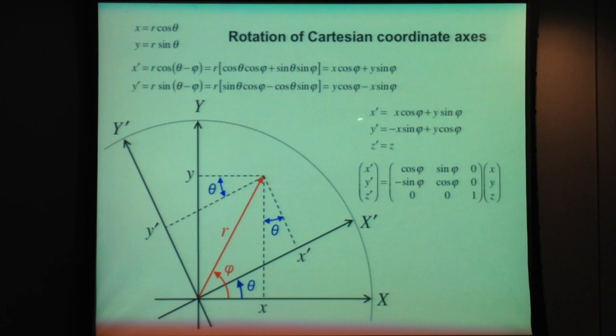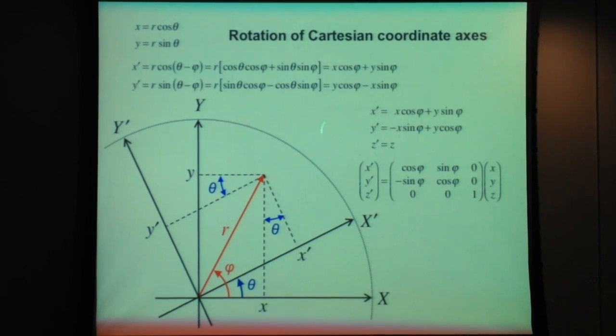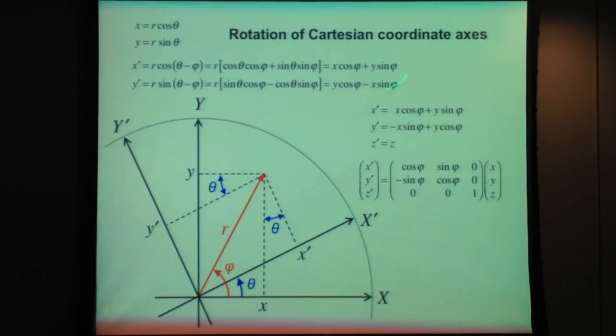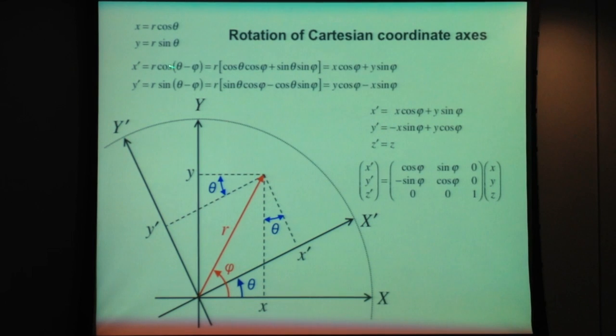So we have that x prime is equal to x times the cosine of phi plus y times the sine of phi, and so on for the y component, and the z doesn't change here. And if we rewrite this set of expressions, which comes straight away from here using the sum of angles formulae.